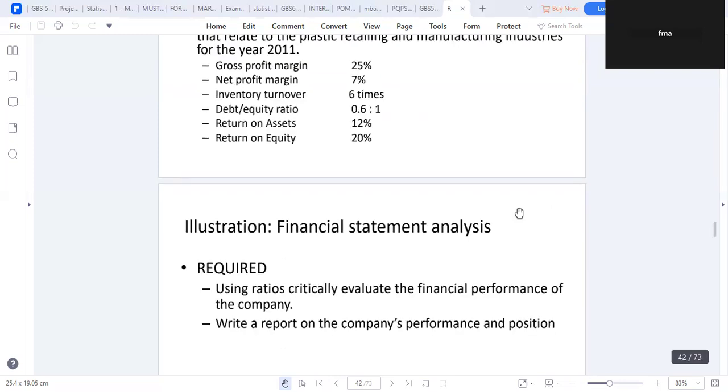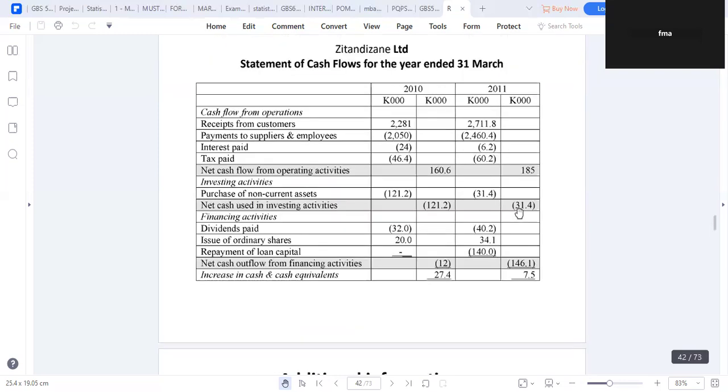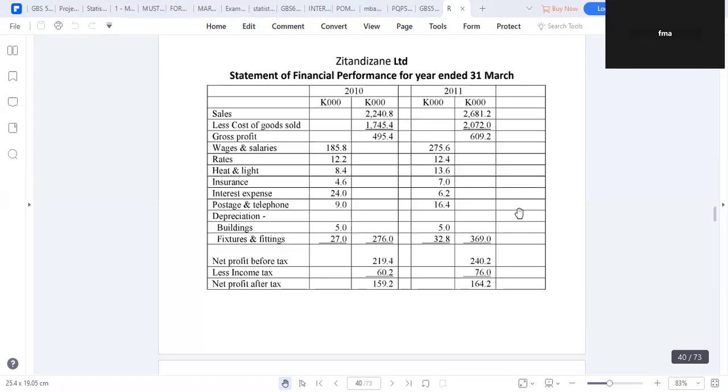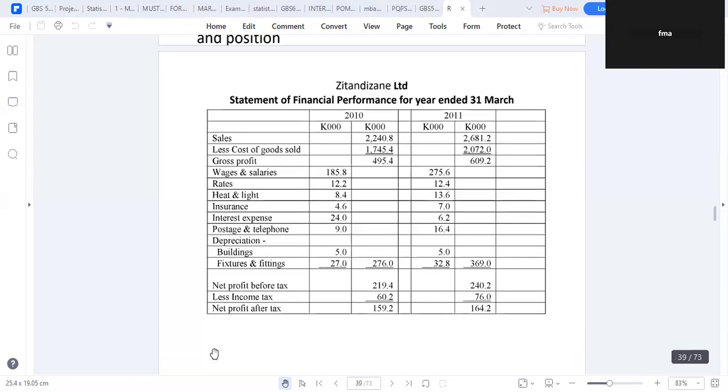All right, these are the two important statements that we must have in mind. We have the financial statement there. This is our income statement in short. Then we also have our balance sheet, which is here.